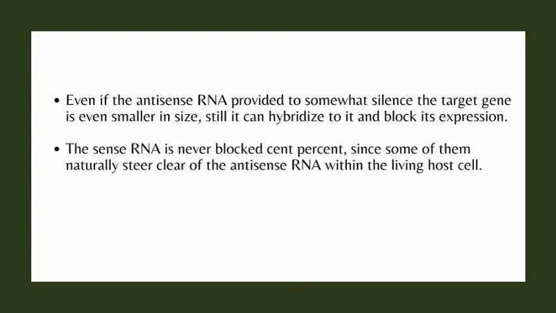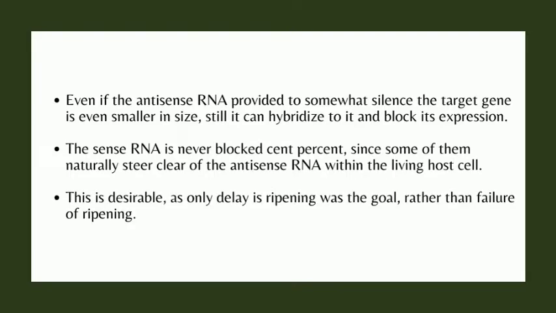And of course, this is desirable as only delay in the ripening was the goal rather than failure of ripening. If the recombinant tomatoes remain raw and hard forever, they would be useless and the whole purpose would be defeated.